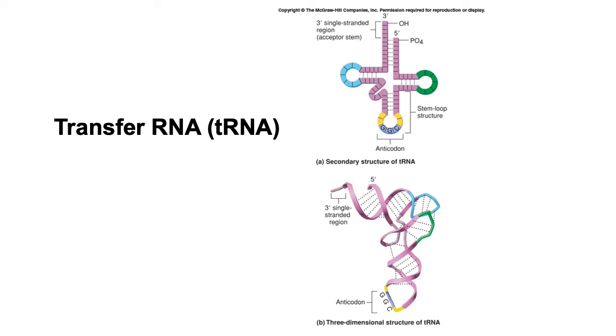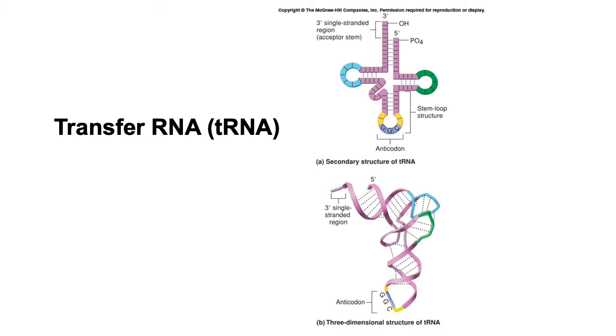So the transfer RNA is that intermediary between the messenger RNA and the protein. It carries the amino acids into the manufacturing center to start building this protein.